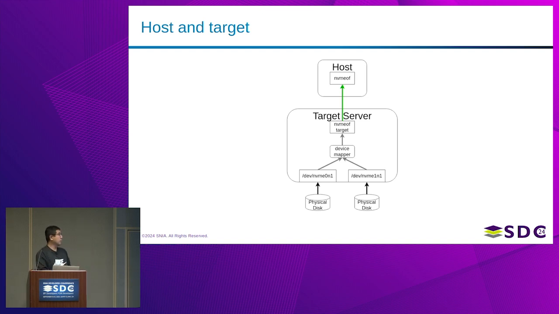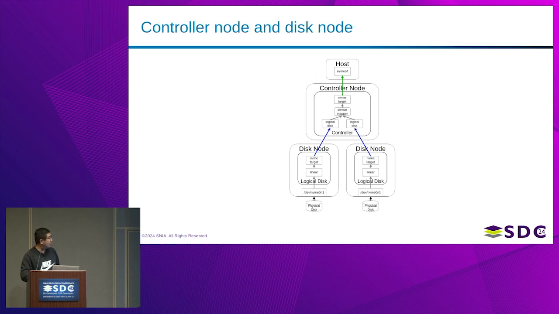For example, a virtual machine or a container is moved to a new host. We can export the same disk to the new host. It is better than the previous one, but we can still continue to improve it.